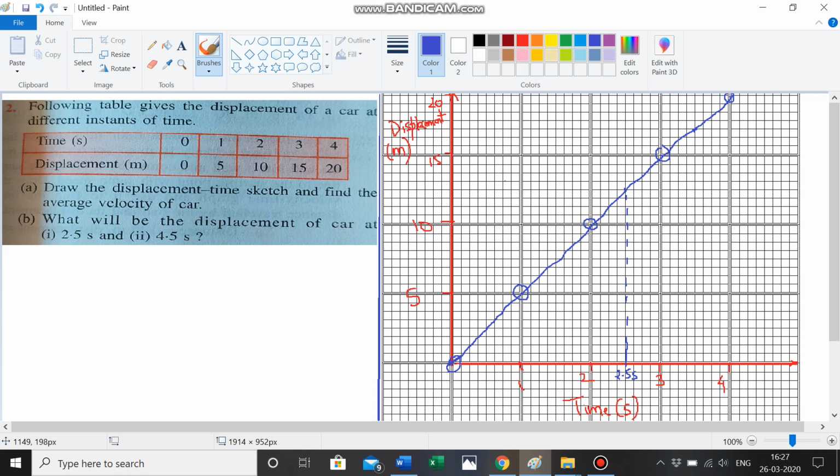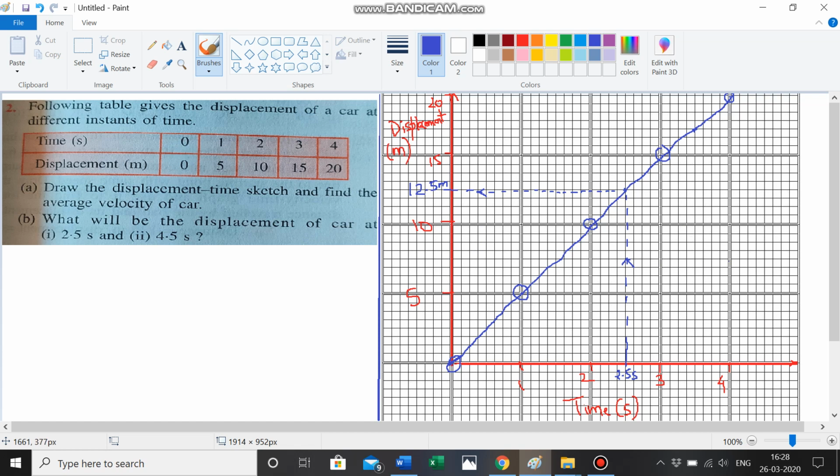This is where I reach, and this is where I go onto the y-axis. Since I started from 2.5 second, I go here, I mark an arrow, and I reach here. How much is this? This is exactly 12.5 meter. Okay, done. What will be the displacement at 4.5 seconds?